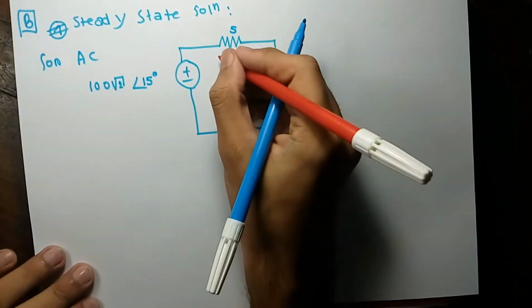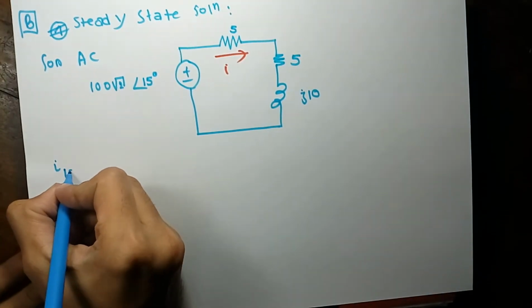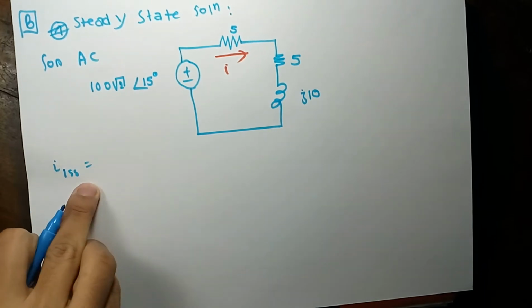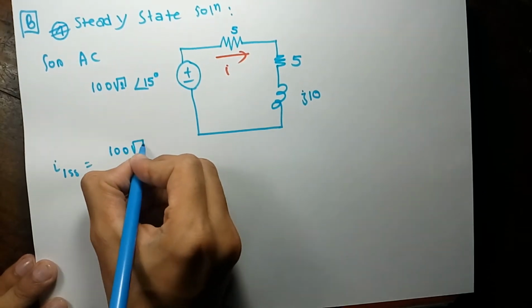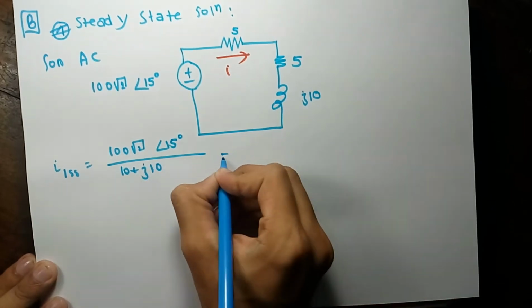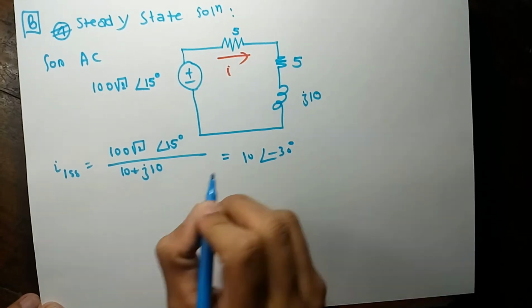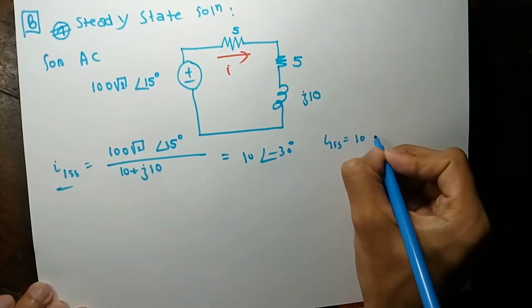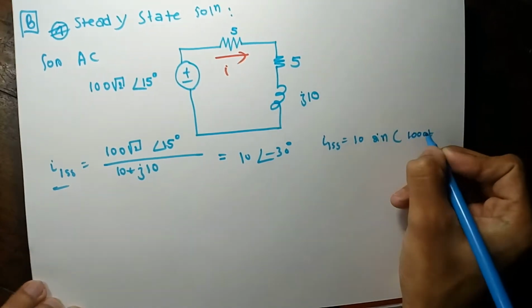Now we are asked to find the current through the 5 ohm, and that is pretty easy. I1 steady state, the steady state portion caused by the AC source, will be 100√2 angle of 15 degrees divided by 10 plus j10, which equals 10 with an angle of minus 30 degrees. So I1 steady state in the time domain is 10 sine of 1000t minus 30 degrees.